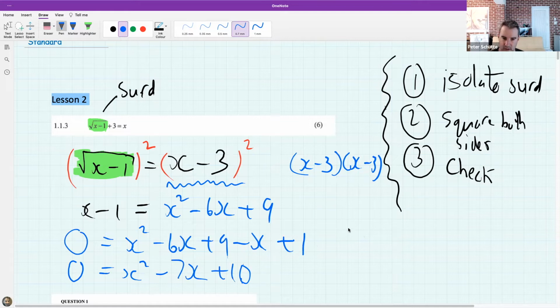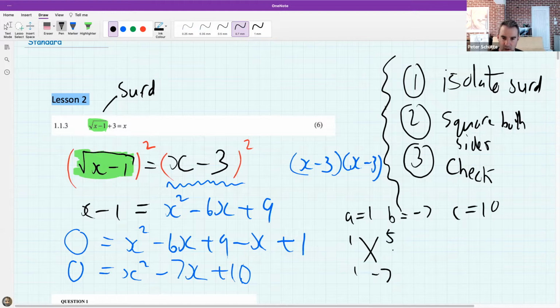And then I need to be able to factorize this trinomial, or I can use the formula. So you have two choices. The one is to write that a is 1, b is minus 7, c is 10, and use the formula. Or I can see I can factorize this, and that's obviously because I've done this many times.